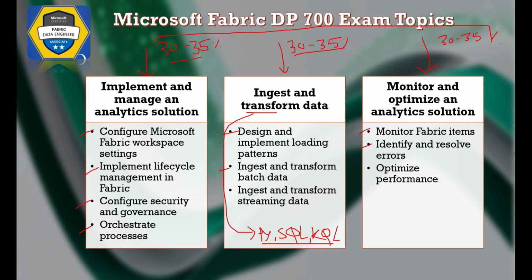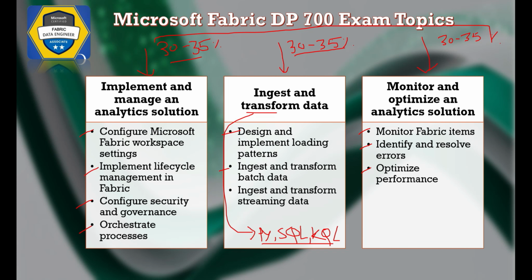Finally, optimize performance. It might be optimizing a table in the data lake, or an end-to-end pipeline that you have created, or a Synapse data warehouse. Basically anything and everything in Fabric.